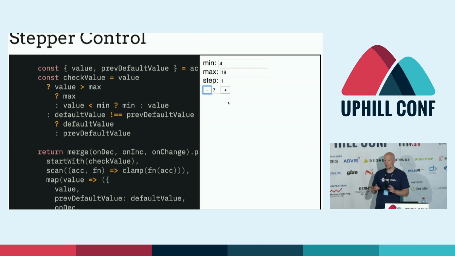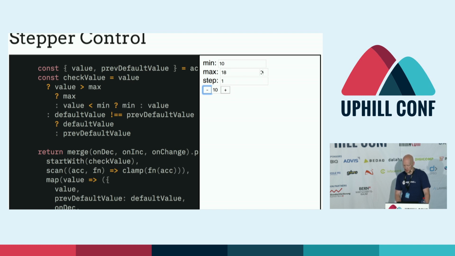If you have the ability to customize it on the fly, the ability to change the minimum, the maximum, and the step on the fly, where I can say, well, I want the minimum to now be 8, or sorry, the minimum is now 10. I can't go below 10 now.